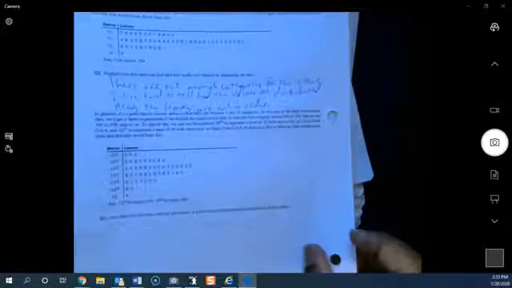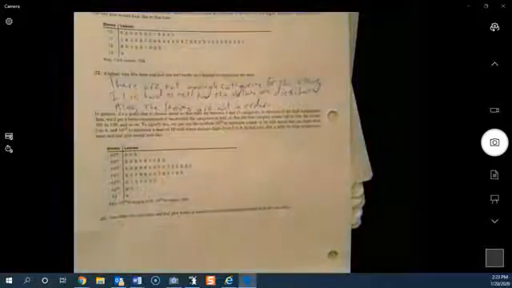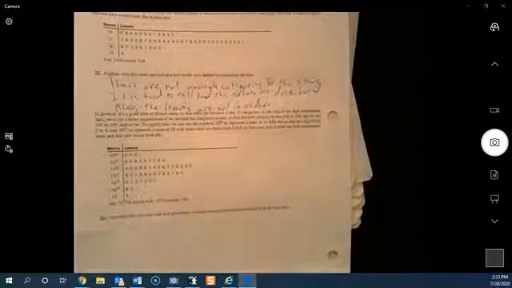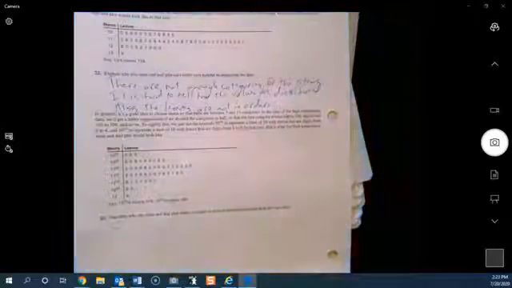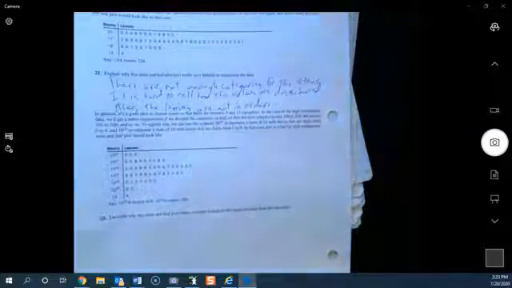it says, in general, it's a good idea to choose stems so that there are between 5 and 15 categories. In the case of the high temperature data, we get a better organization if we divide the categories in half, so that the first category covers 100 to 104, the second 105 to 109, and so on.